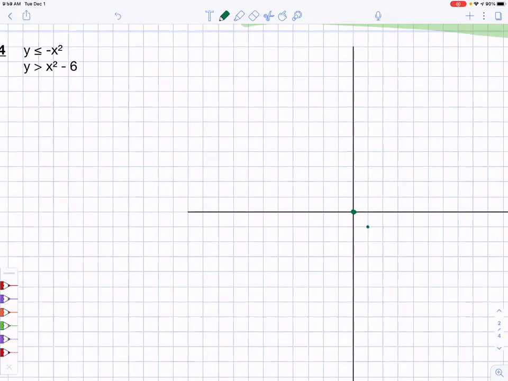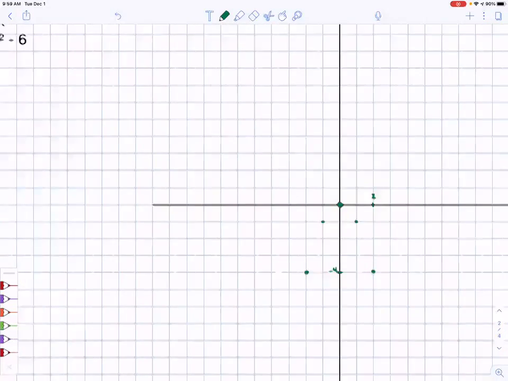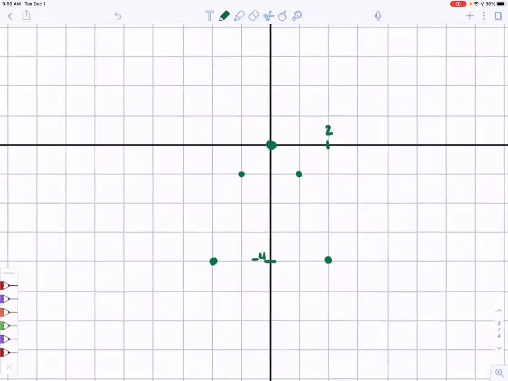Okay, so right one, left one, down one, and down 4, very good. So right one, left one, down 1, right 2, left 2, down 4.